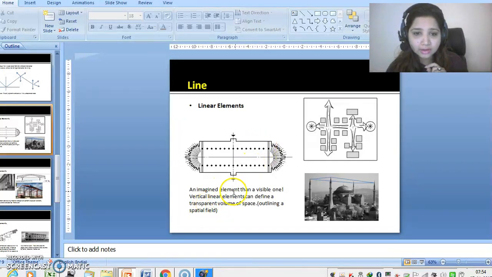So vertical linear elements can define a transparent volume of space, which is outlining a spatial field. So the transparent volume of space is the volume of this cuboid, and this black line is actually the spatial definition to the volume, and these are the axial lines.